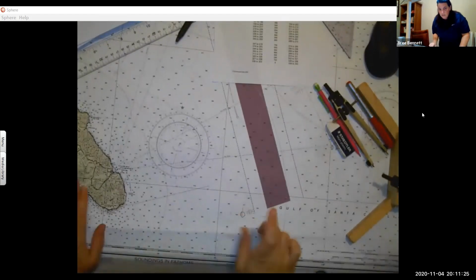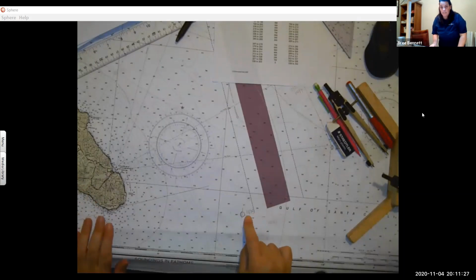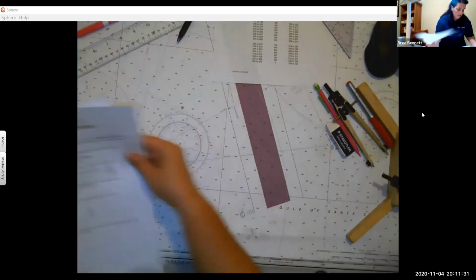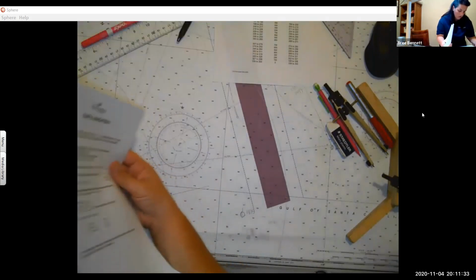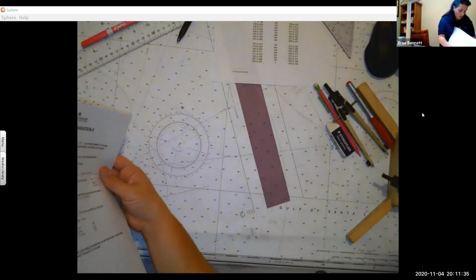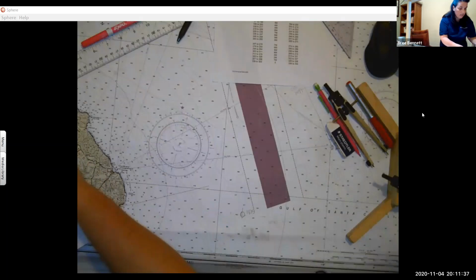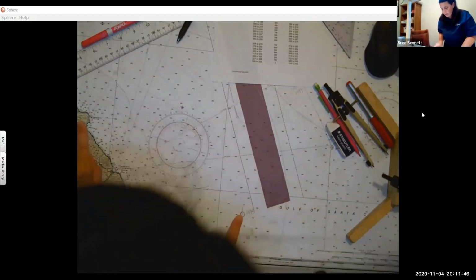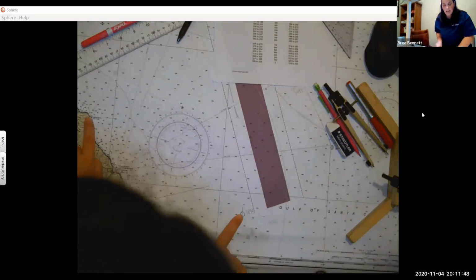Okay, so here we are at 18:15, and at 18:15, you head for Long Point. So Long Point's up here, and reduce your speed to 10 knots. So we're going to connect our 18:15 and Long Point, and we have our speed at 10 knots.